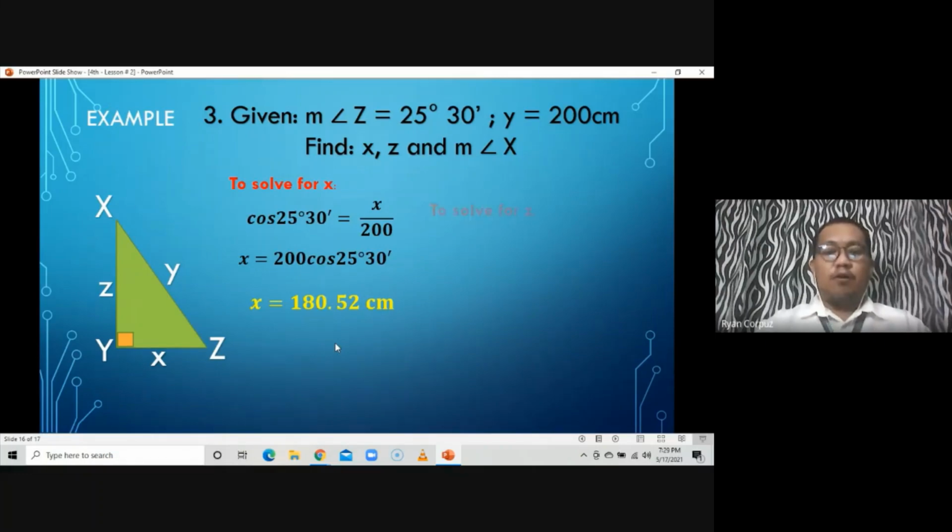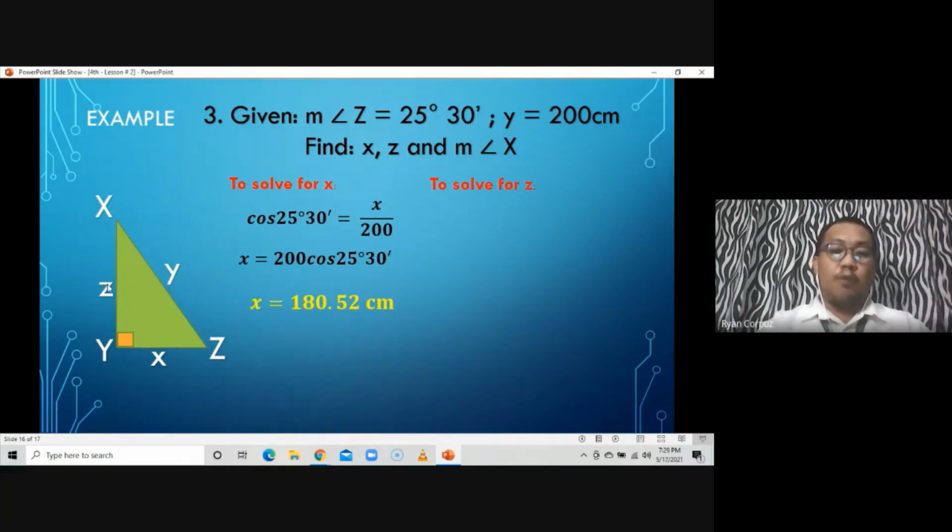Next, let's solve for z. So solve for z, again, balik tayo dito. Ang given measure ng angle natin is angle z. So, to solve for z, since z is what we are looking for, z is its opposite side. And the other given value na y, the hypotenuse, that is its hypotenuse.